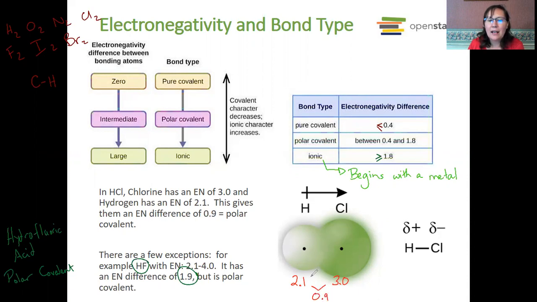Because hydrogen only has an electronegativity of 2.1, it's not pulling as hard on the electrons as chlorine is. And that's why you can draw this dipole, and they've drawn it up here. But when you're going to draw a dipole moment, you would actually draw it straight through the center like this. And we'll get to dipole moments at multiple times in the chapter.